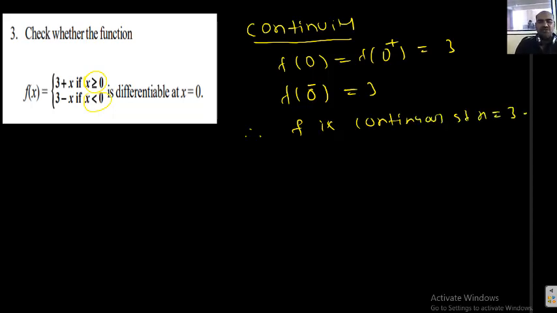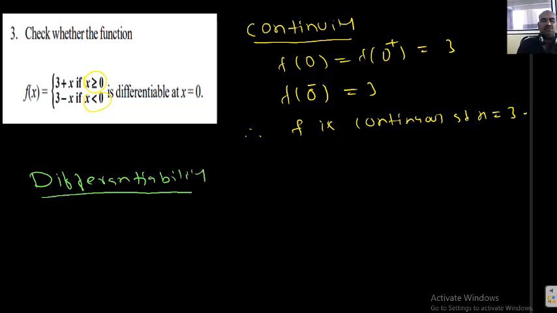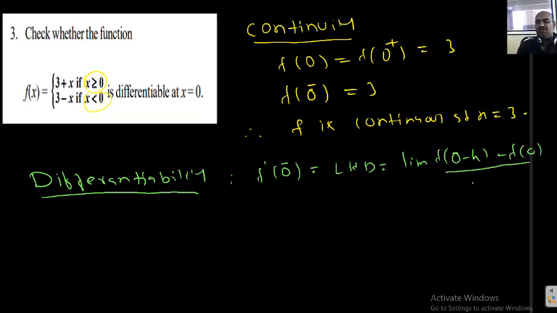Now, checking for differentiability. What should we find? F dash of 0 minus should be found. That is called LHD, the limiting value of f of 0 minus h minus f of 0 by minus h, as h tends to 0.